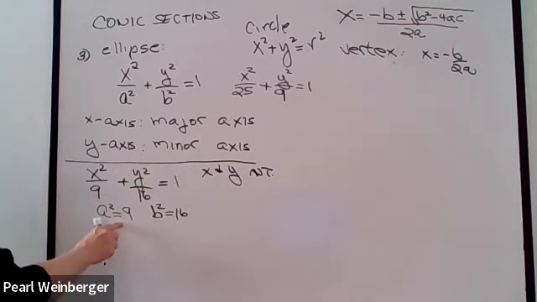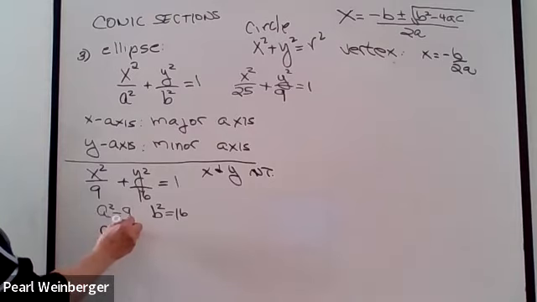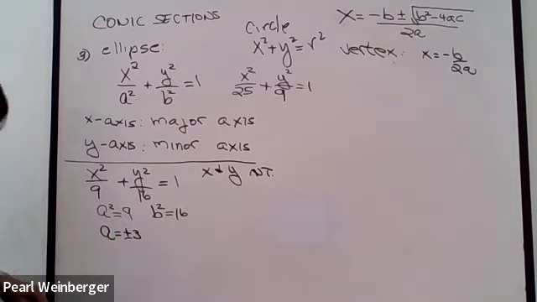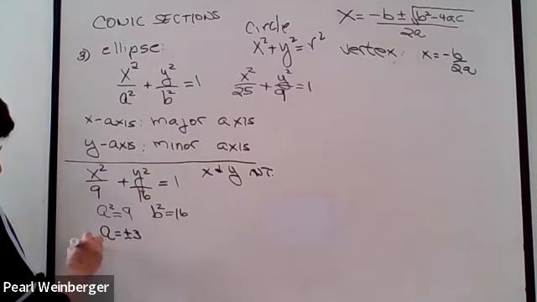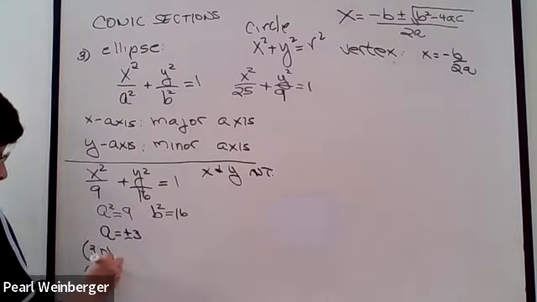If a squared is 9, then a could be plus or minus 3, and the a gives your x-intercepts. You could say your x-intercepts are plus 3 and minus 3. More accurate is to say the x-intercepts are (3, 0) and (-3, 0).